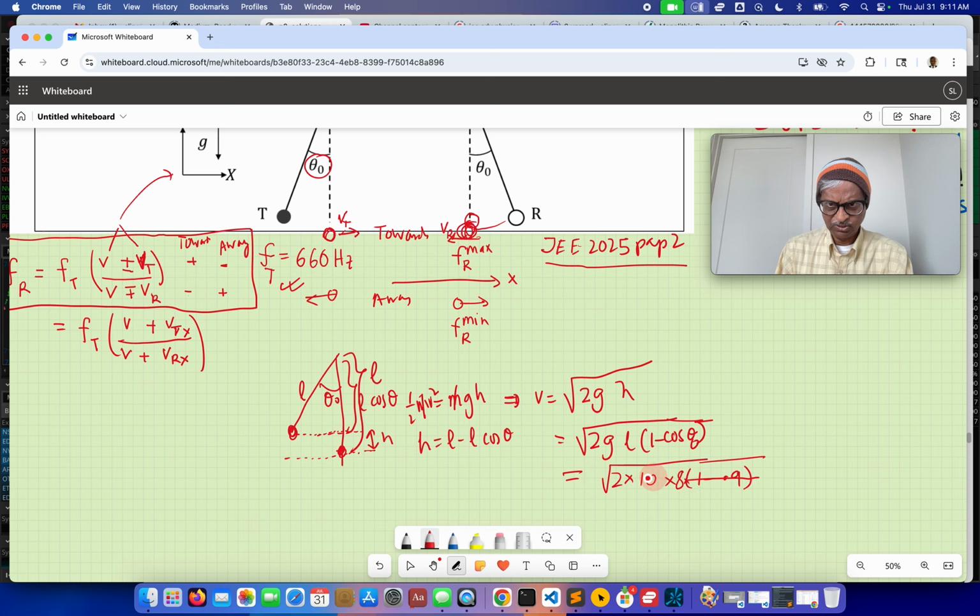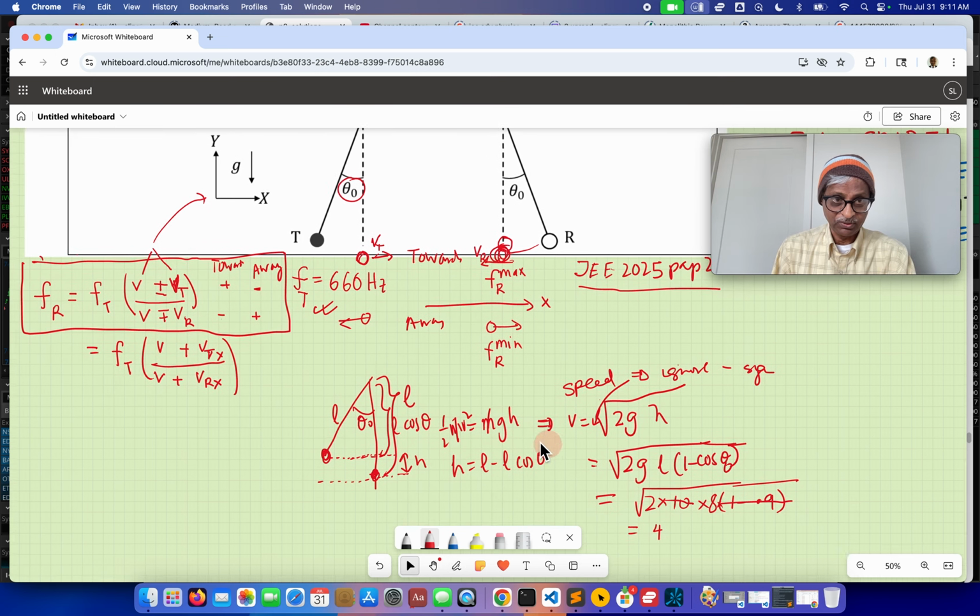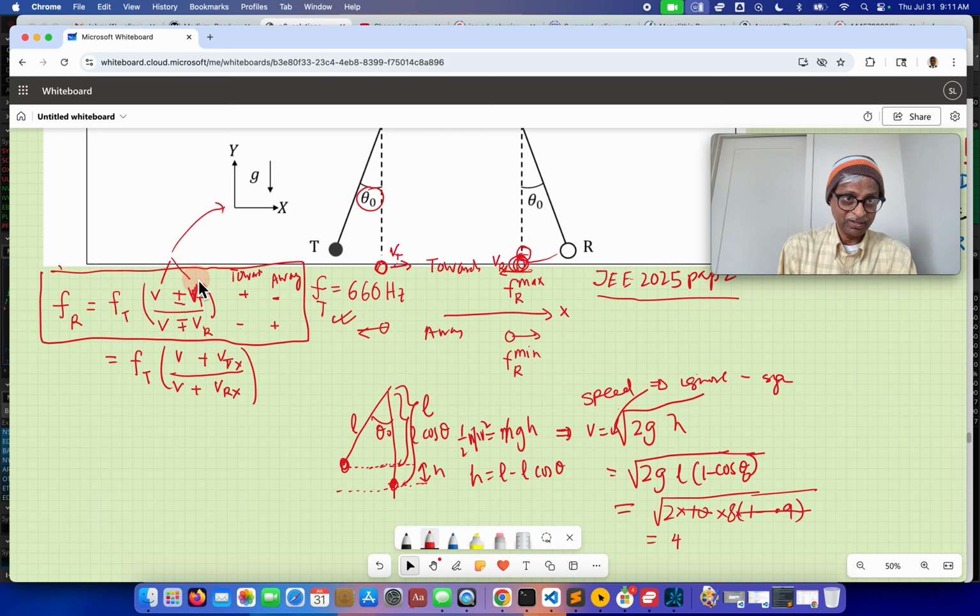So this is 0.1, which kills the 10, and 16 makes it 4. So just looking at the speed here, that's why I didn't put a minus sign there. Ignore the minus sign when taking the square root. So it's 4, and this will be 4.